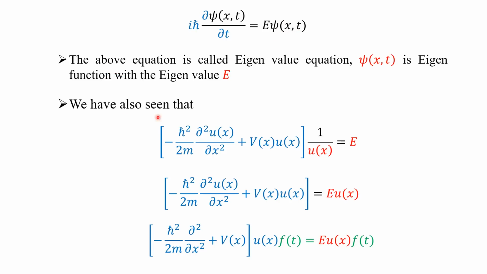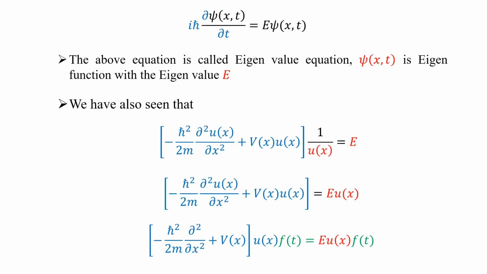Then if you take the right hand side of the equation, you will get this one. This also we have seen already. That is minus h cross squared over 2m delta 2 u over delta x2 plus v of x u of x, multiplied by 1 over u of x, is equal to E. You just bring this u of x to the right hand side, and now multiply by f of t, then you will get this.